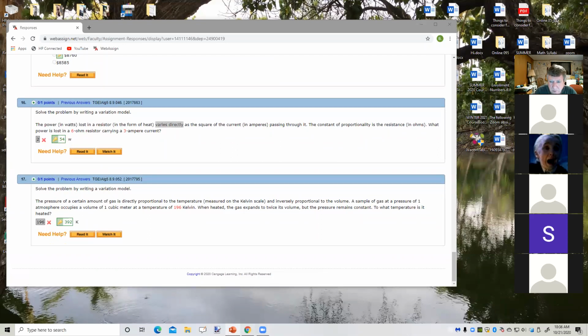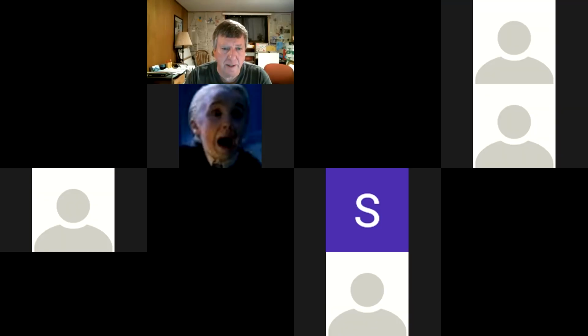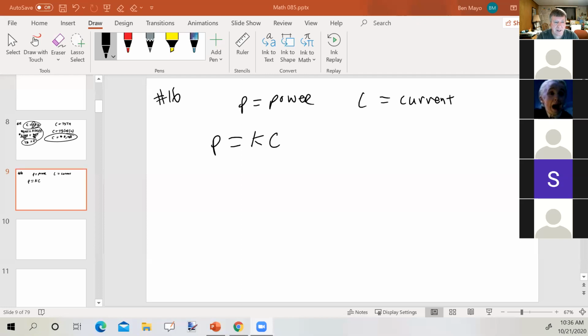Okay, so power equals K times the current. So my formula is going to look like that: P equals KC. It says, what power is lost in a 6 ohm resistor carrying a 3 amp current?